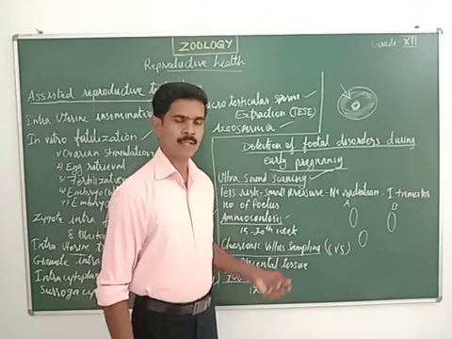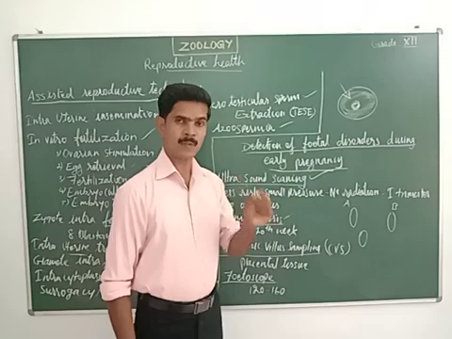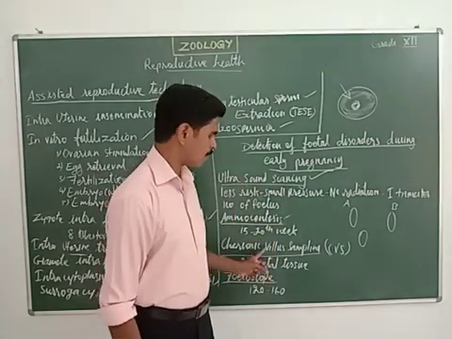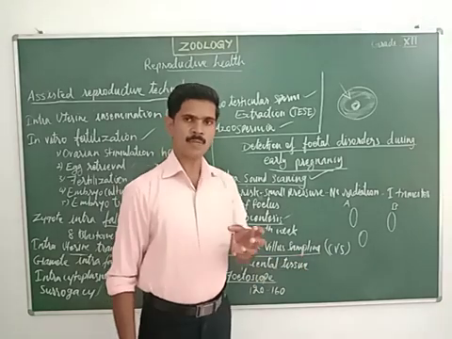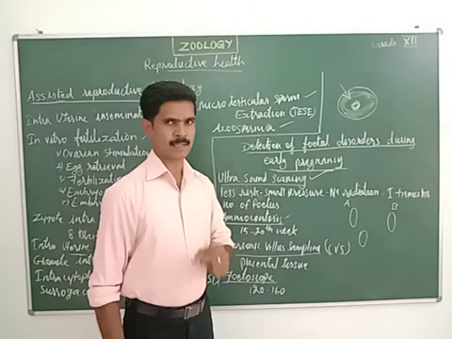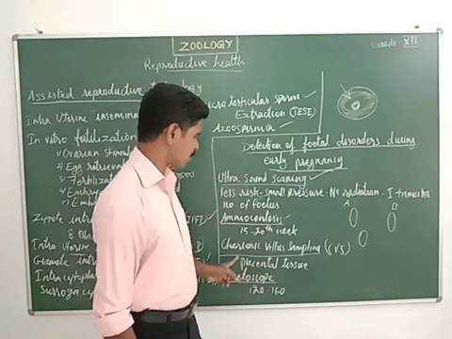The placenta is the tube connecting the fetus with the wall of the uterus of the mother. To do this technique, a small amount of sample tissue is taken from the placenta to detect abnormalities in the fetus. Hope you understood this one.